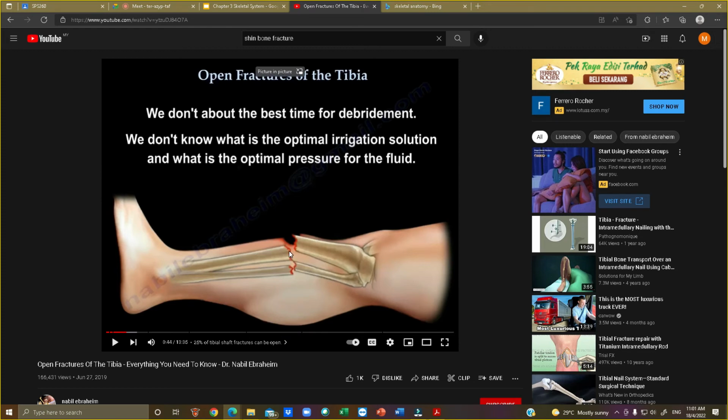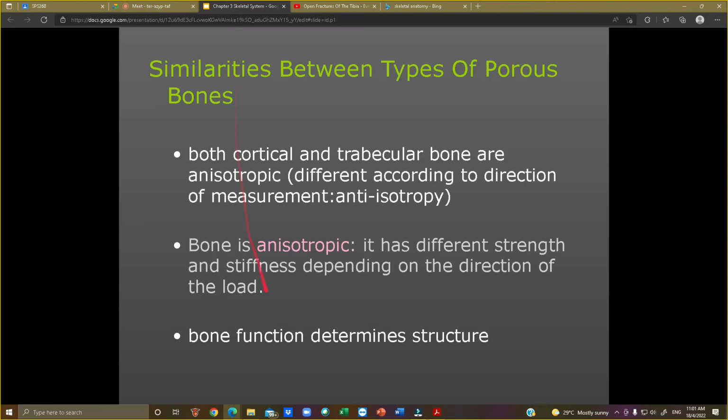Sedangkan that example shows tension, or it shows compressive strength from not so good direction. Tulang panjang, compressive dia top and bottom, but this one is from the side. Okay, that is the meaning of anisotropic. It has different strength, and bone function determines structure.